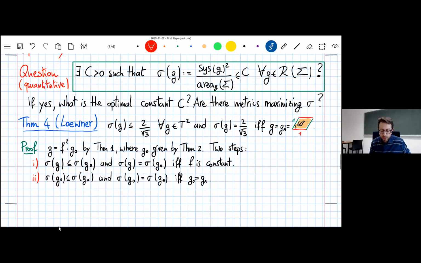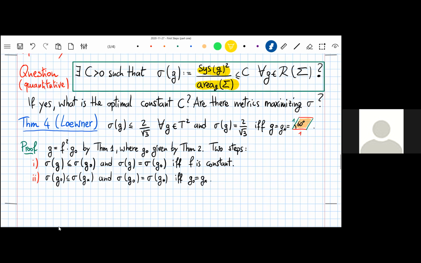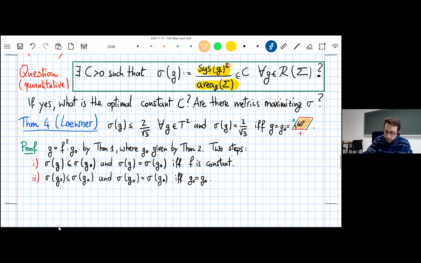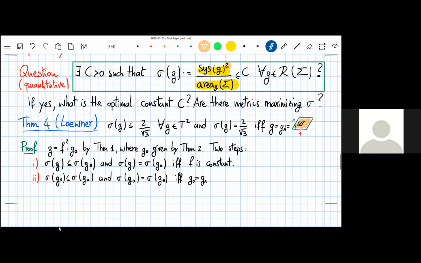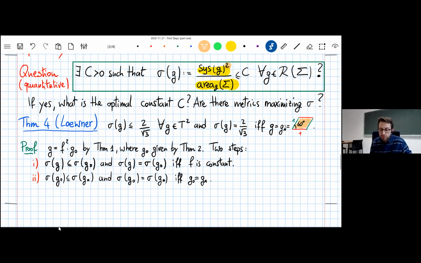So the question now, if I give you a metric G, then I can compare the systole with the area with some right scaling, because systole is length, area is length squared, so you have to scale it properly. And the question now is that given sigma, can you find a constant such that this so-called systolic ratio is always bounded by this constant C. Now this should be independent of the metric.